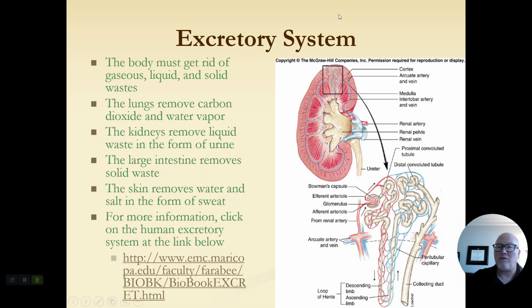You have a whole system in your kidneys where, as blood moves through, there's a system of filtration that pulls waste product out of your blood and concentrates that in the form of urine, which then goes to your bladder and then you have to get rid of when you go to the restroom in order to excrete.